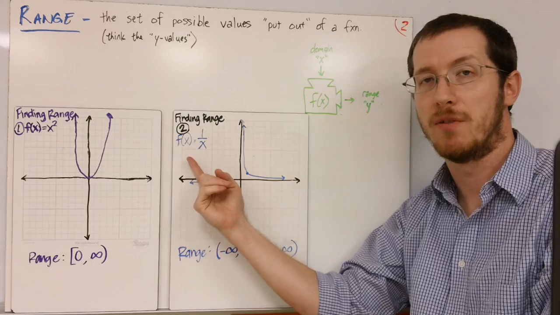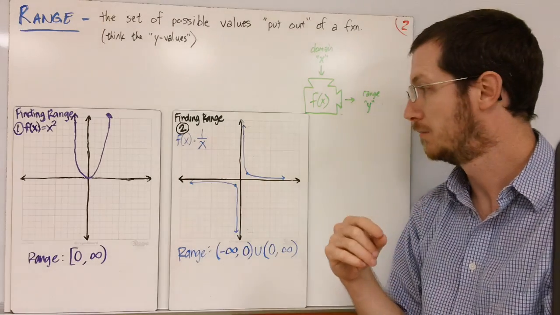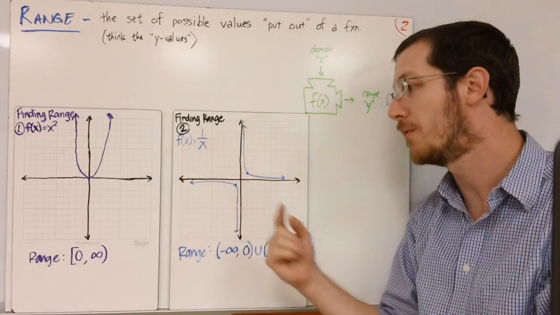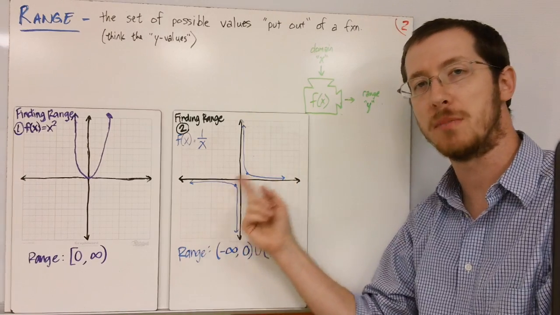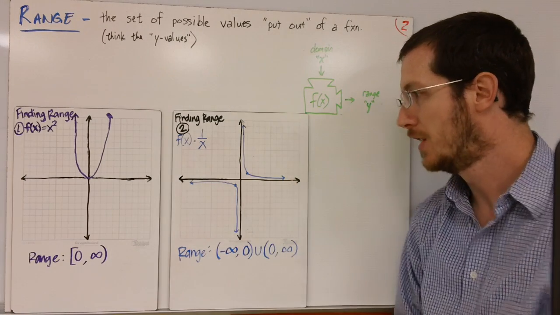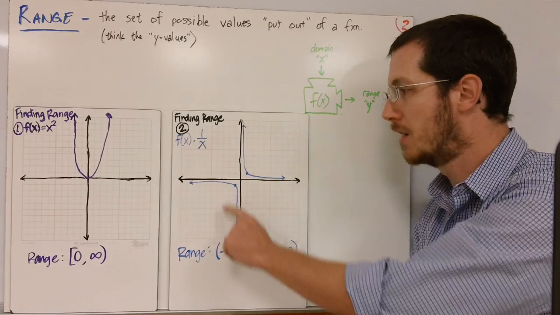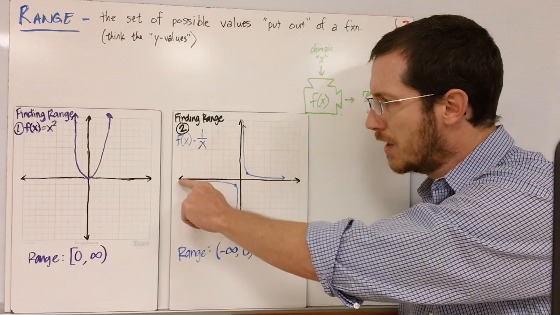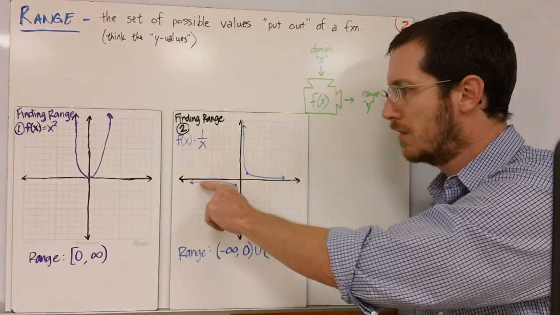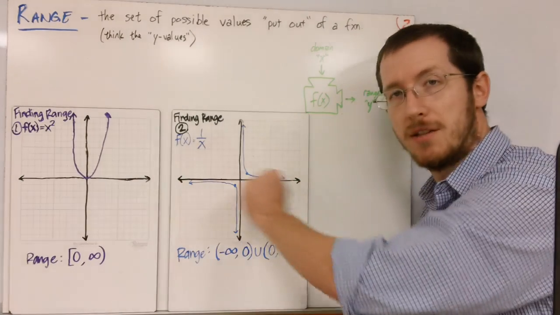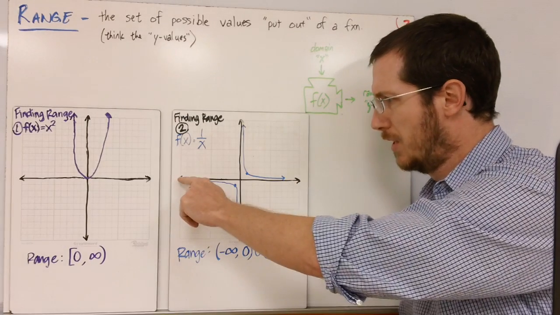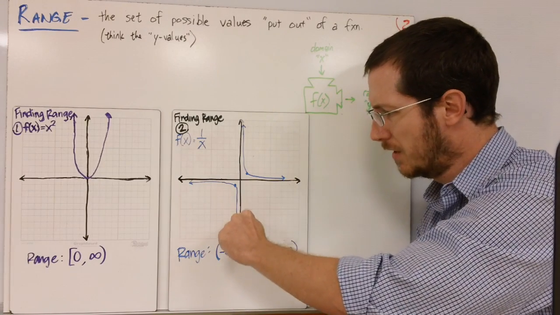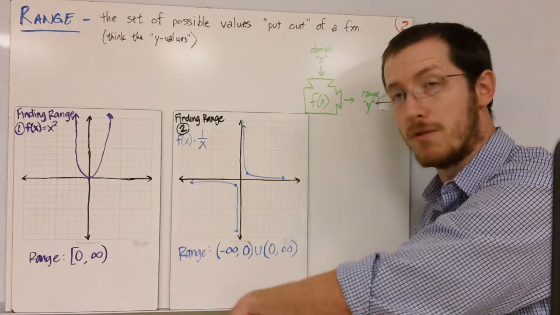Second example, if f of x equals 1 over x. We've got to be careful with these because we've got two pieces in this rational function. Let's take this piece first, in our third quadrant. These values look like they're getting closer and closer to a horizontal asymptote on the x-axis, from about 0, and then this piece looks like it goes down forever and ever.